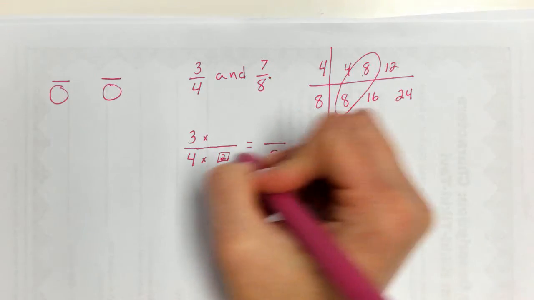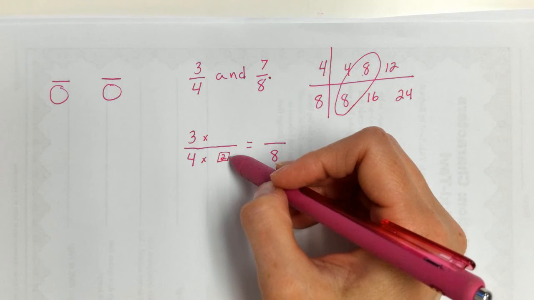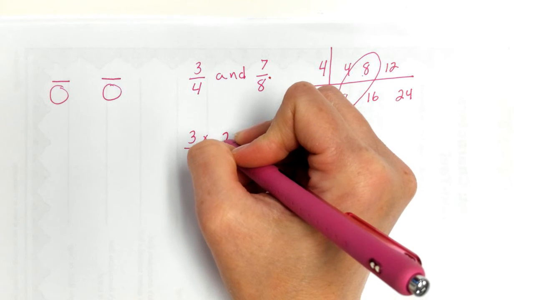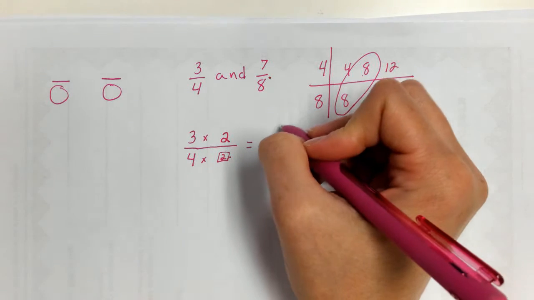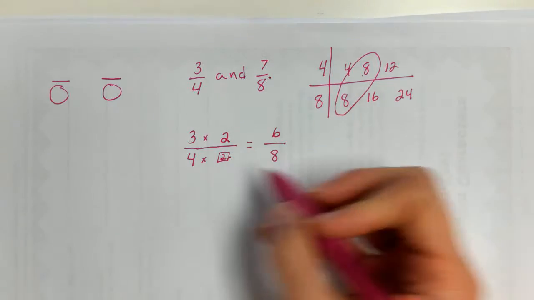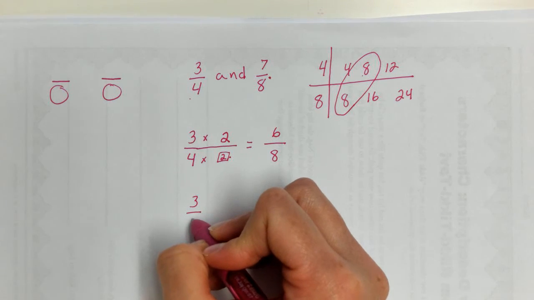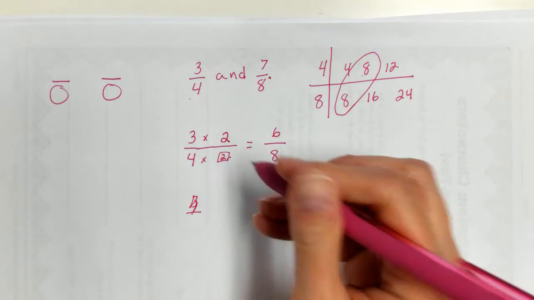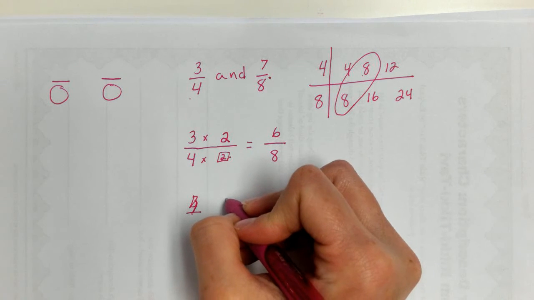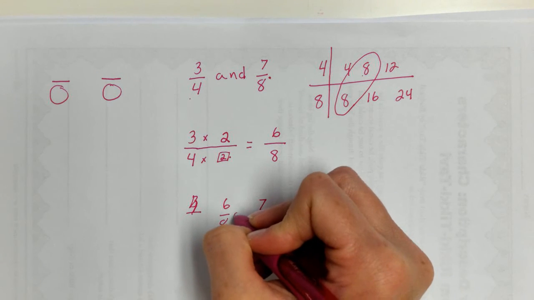So if I multiply the denominator by 2, what do I do with the numerator? You multiply. 3 times 2 is 6. So 3/4 and 7/8, written as a pair of fractions with a common denominator, will be 6/8 and 7/8.